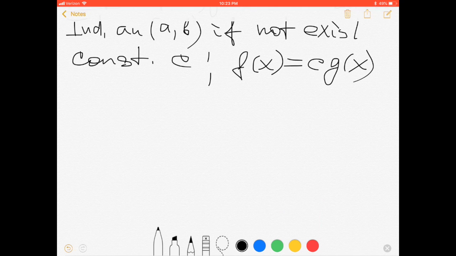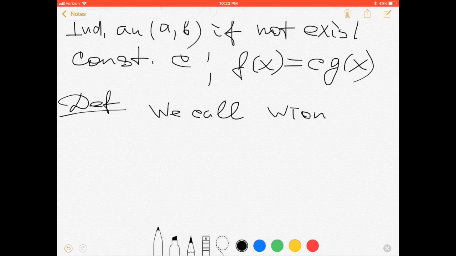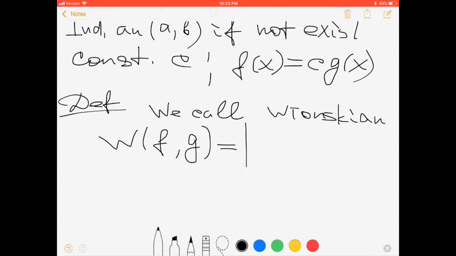We have one more definition. We call the Wronskian of two functions f and g this kind of determinant: f g, f prime g prime.